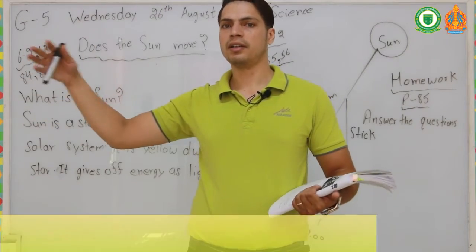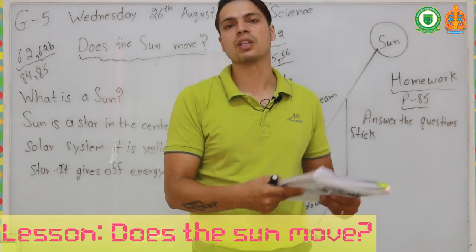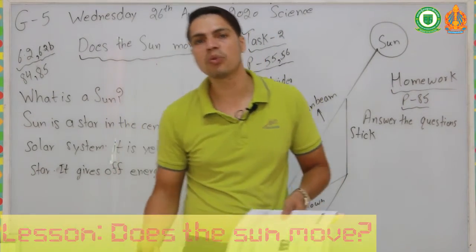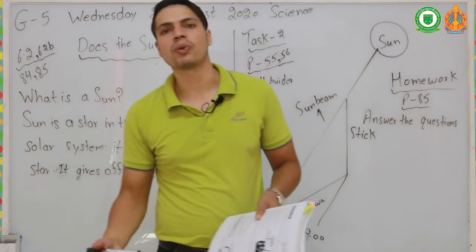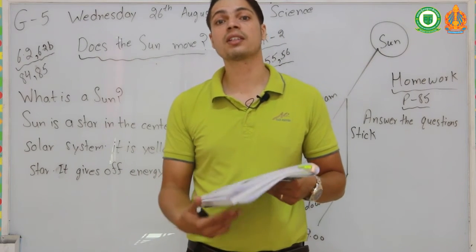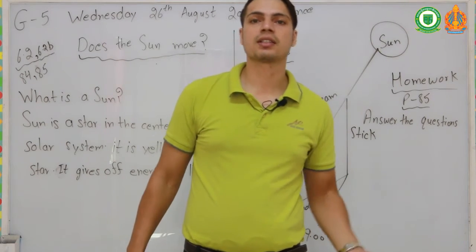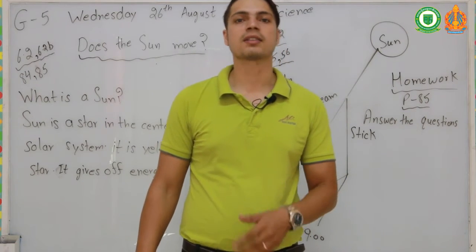You cannot see the sun from the front of your house. So what does it mean? Is the sun moving or is the earth moving? It is actually the earth that is moving. Earth rotates on its axis, and that's why we see sunrise and sunset.